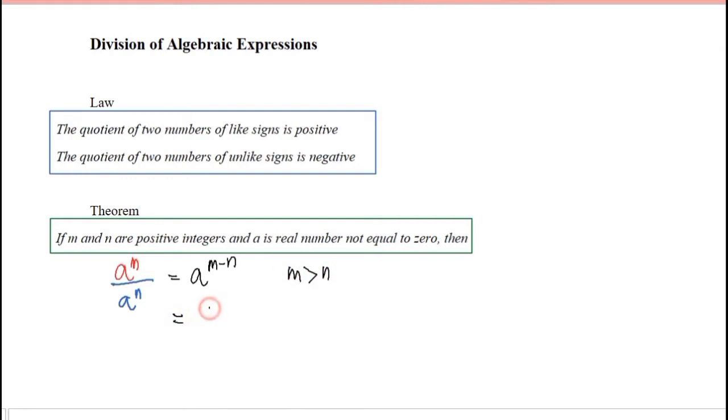And this would be a raised to 0, wherein we know that any number raised to 0 is 1. This is true if m is equal to n. And we would have 1 over a raised to n minus m, and this is true if m is less than n.